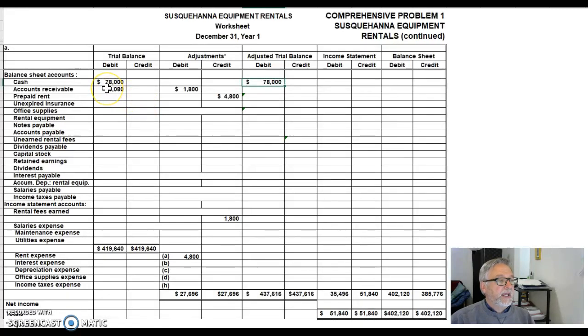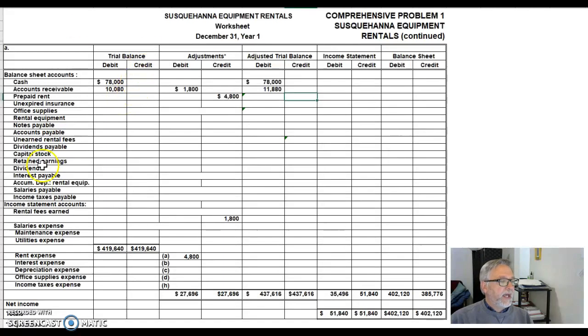Now, in this case, you've got two debits here, one from the original and one from the adjusting entries, and those are going to be added there. So notice those two add together to get that. And then you will go on down the line for all of these, just adding up the credits. So for example, that's going to carry over there.